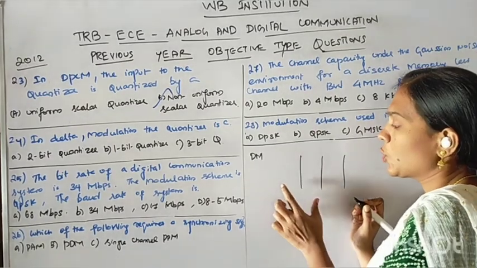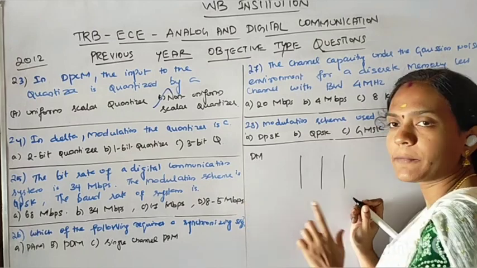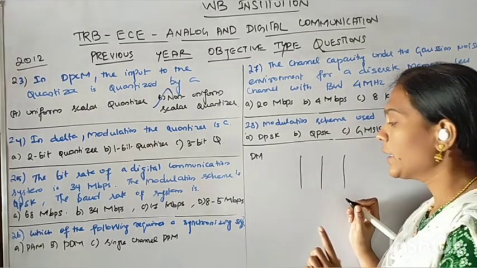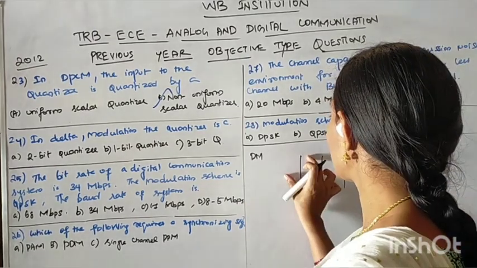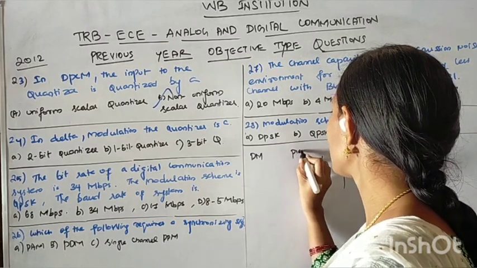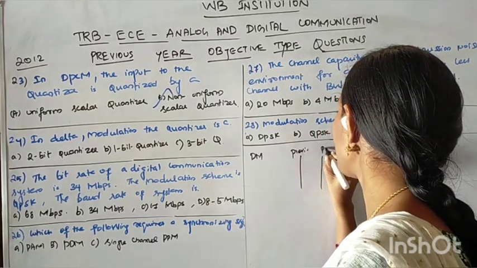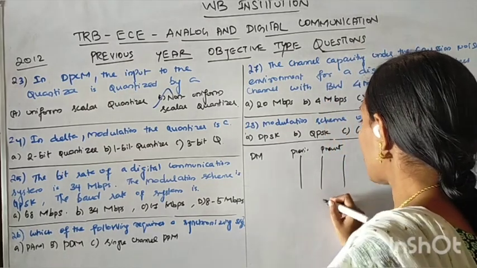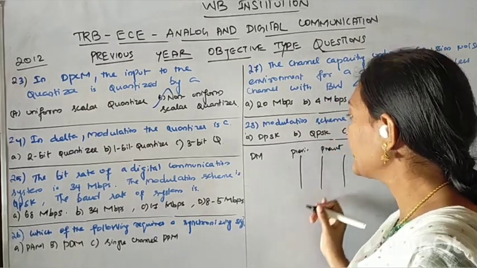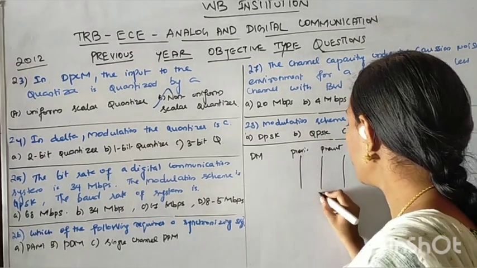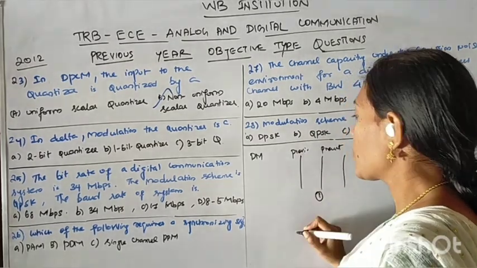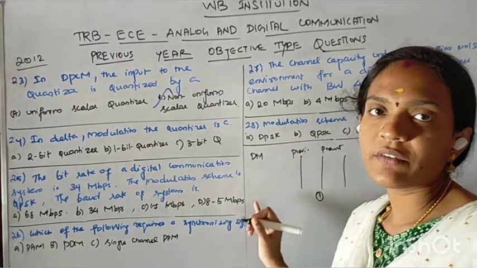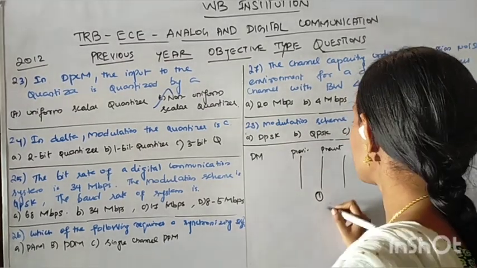We compare the samples to each other. This is the previous state, and this is the present state. If the present sample is greater than the previous, that means 1 bit. Otherwise, if the present is less than the previous state, that means 0.